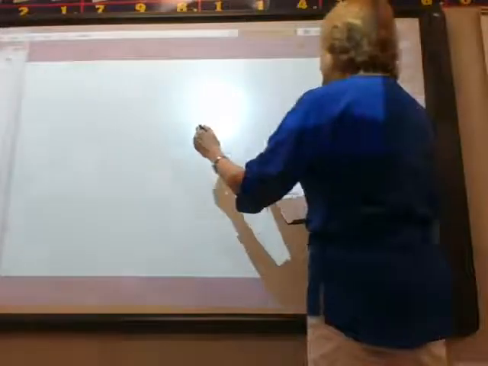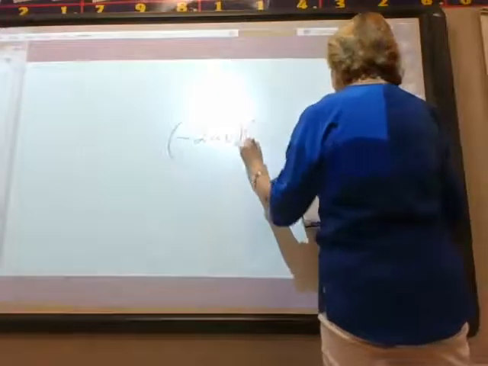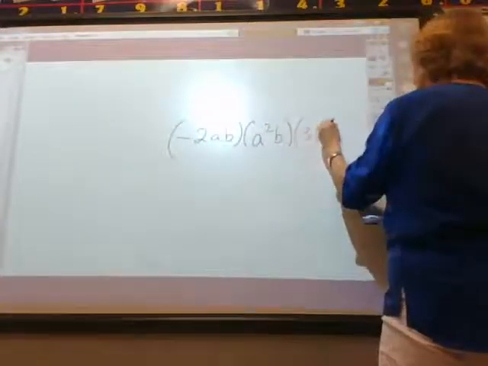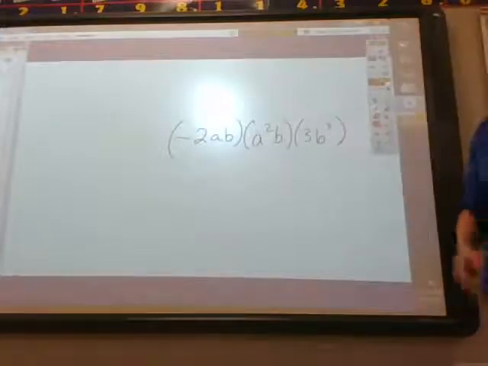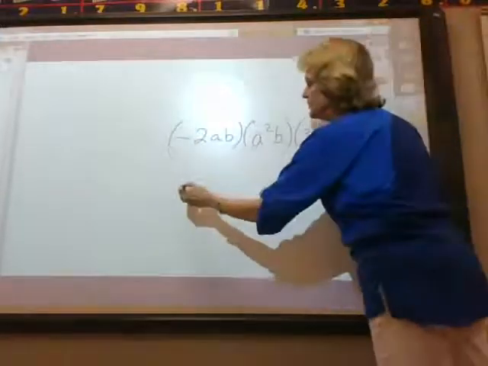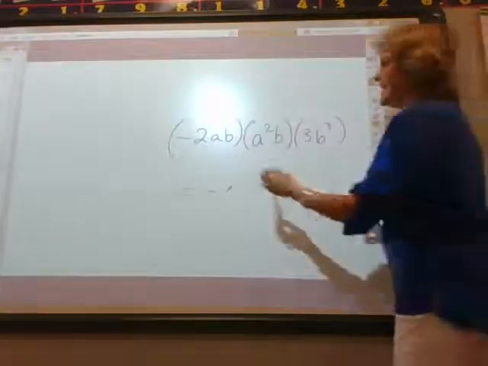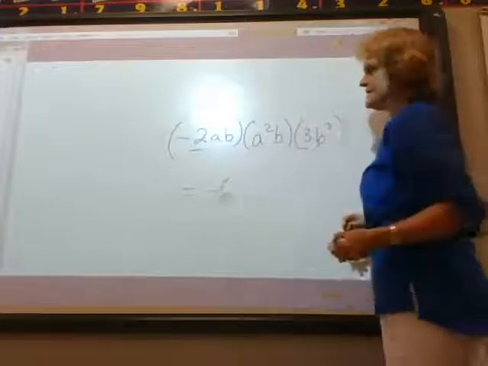All right, put example 2 up here. All right, it says to simplify. So I see 1 negative, therefore my answer is going to be negative. 1 is odd, right? Okay, I'm going to multiply the numbers. 2 times 3 is 6.